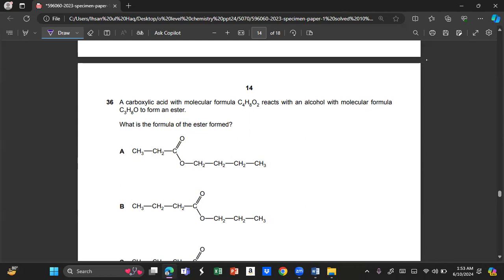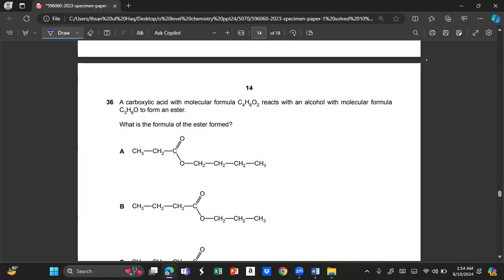Whenever we make an ester, it is generally considered that OH from the carboxylic acid is removed and hydrogen from the OH group of the alcohol is removed. But this is not a hard and fast rule, because the structure will stay the same.